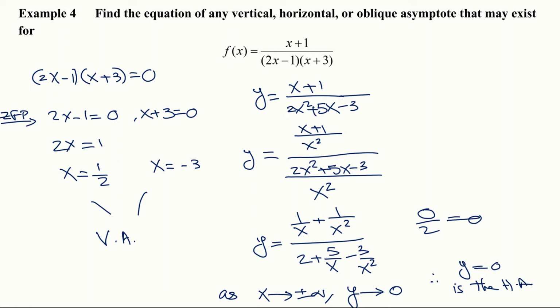Now, you could have just said at this point, look, the degree of the top is less than the degree of the bottom, therefore so and so, right? The x-axis or y equals 0 is the horizontal asymptote, but it's much better if you understand why. That's just memorization. This is understanding why.